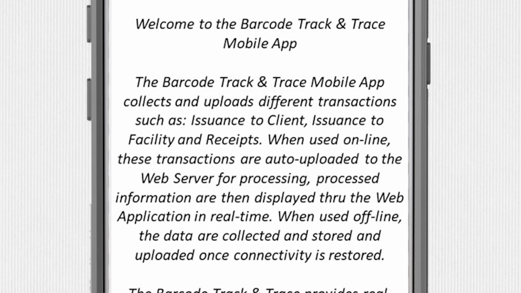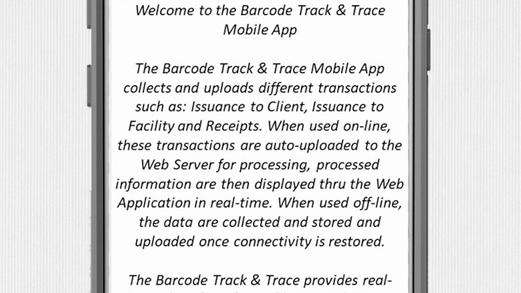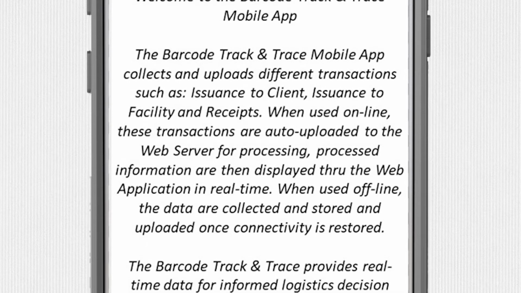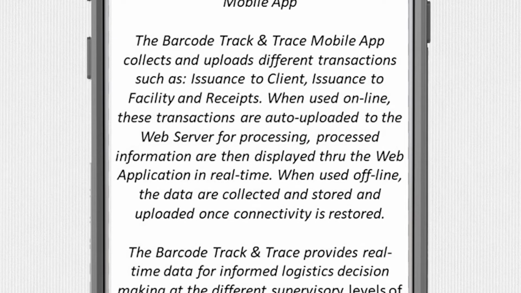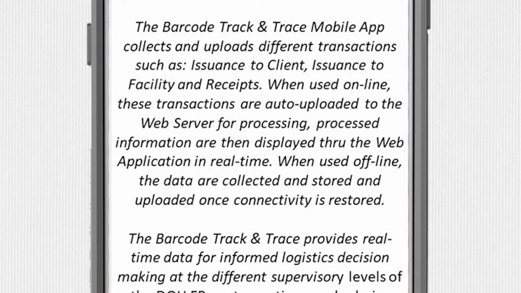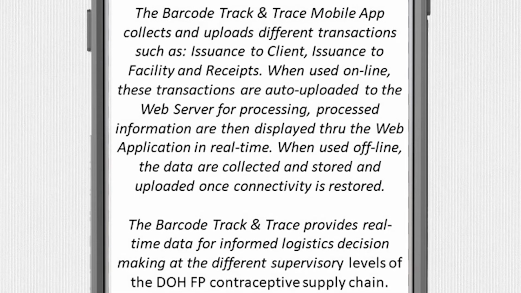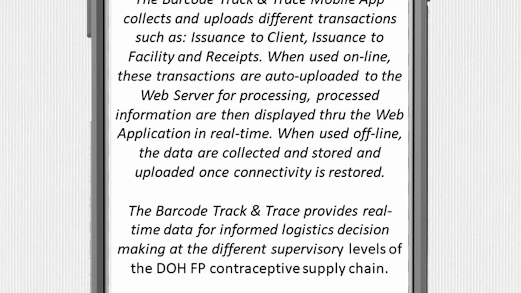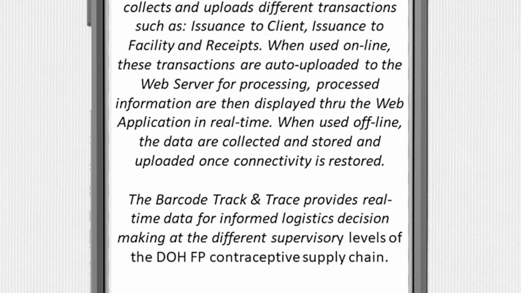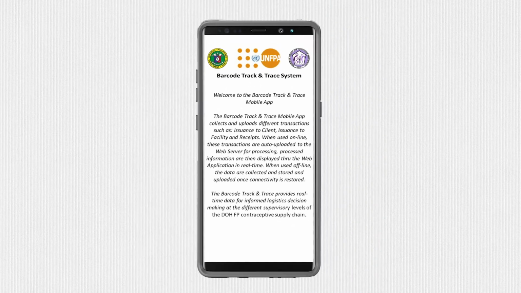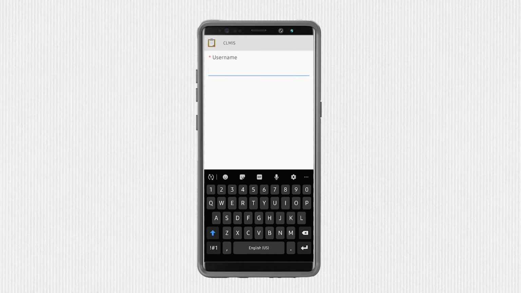When used offline, the data are collected and stored and uploaded once connectivity is restored. The Barcode track and trace provides real-time data for informed logistics decision-making at the different supervisory levels of the rh-FP contraceptive supply chain.